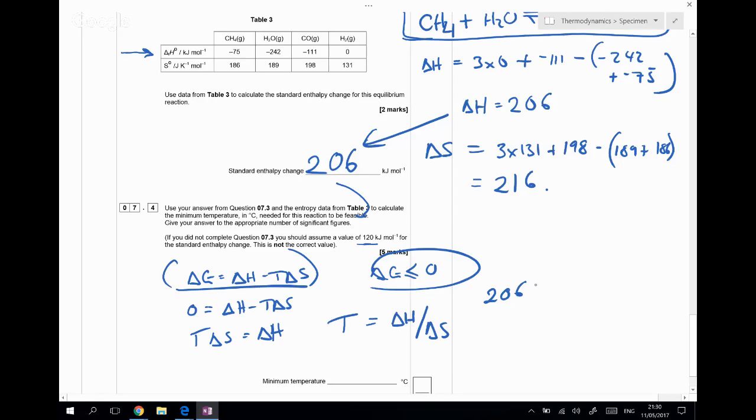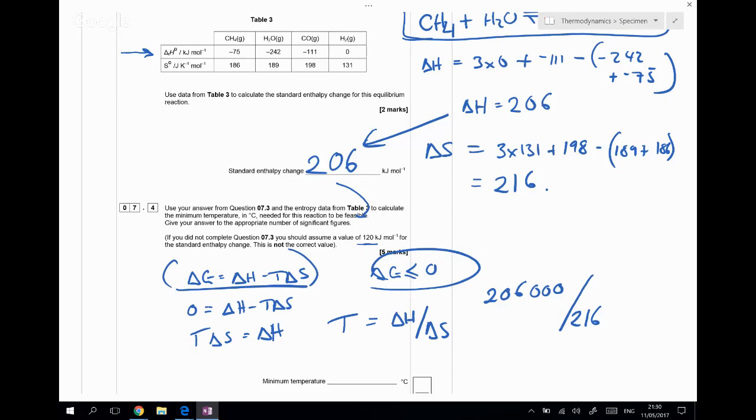So we're now at 206,000 over 216, or you might have done 206 divided by 0.216. It doesn't matter how you do that. Just remember, all I'm doing there is ensuring that I'm using the same units.